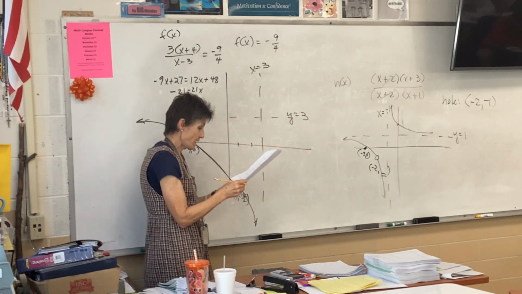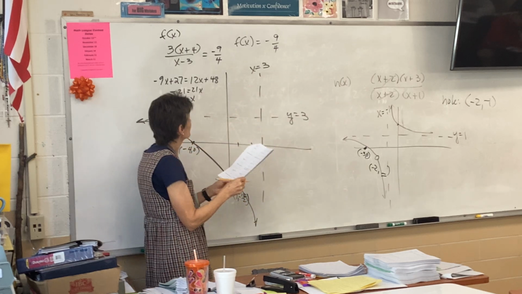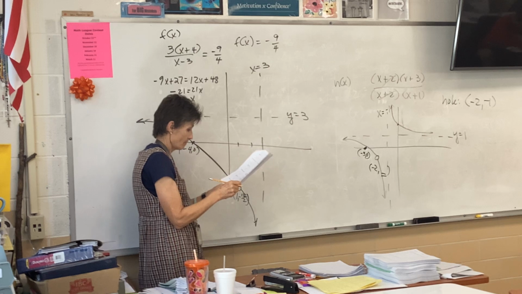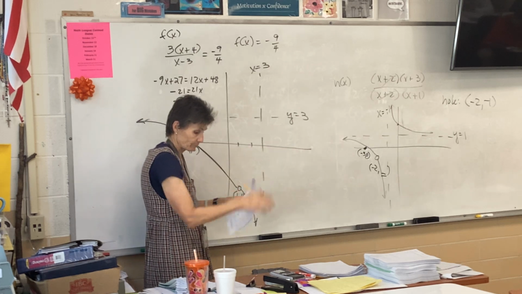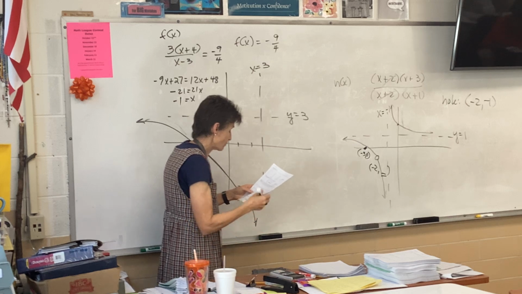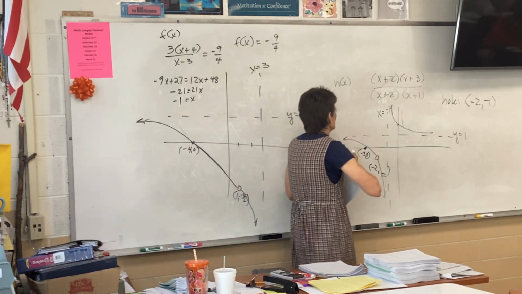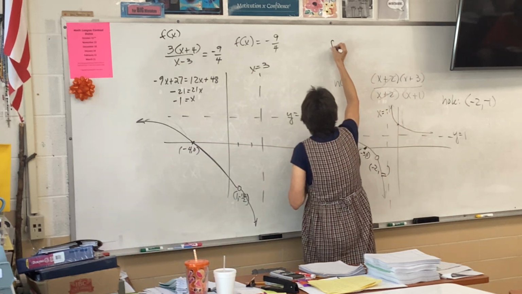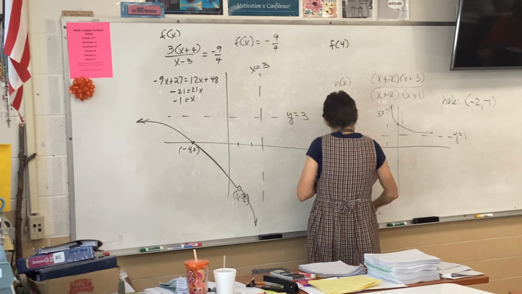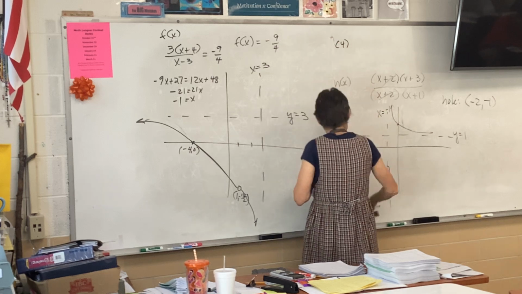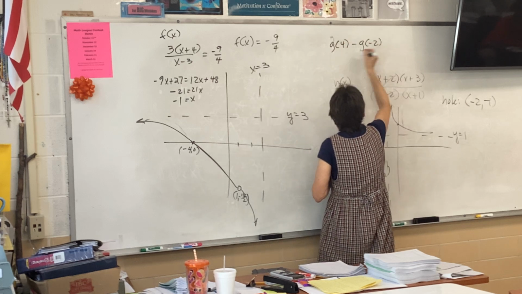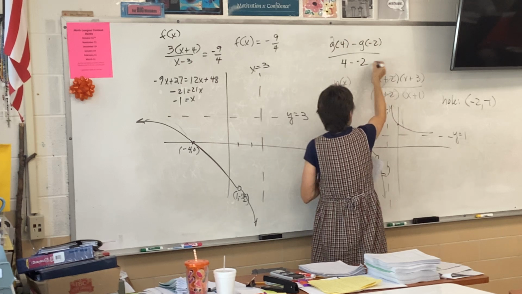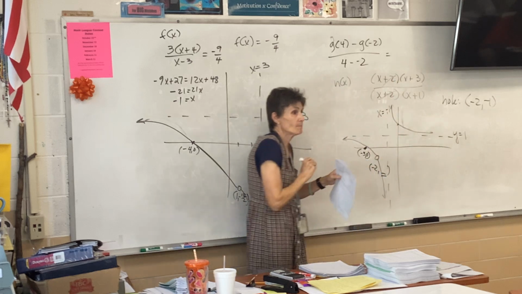Average rate of change of G over the interval -2 to 4. All right, so G is drawn. So G of 4 minus G of -2 over 4 minus -2. Would everybody agree with that?